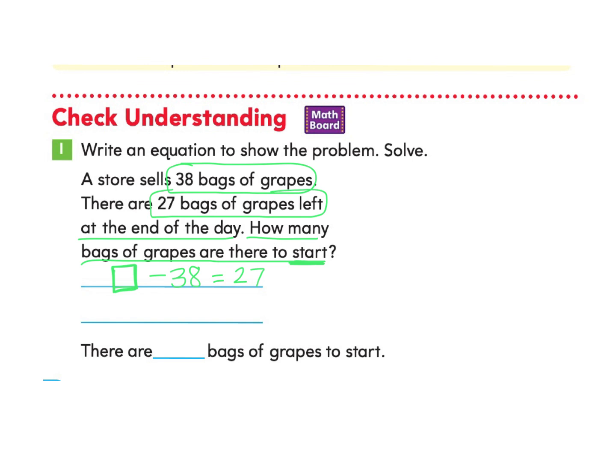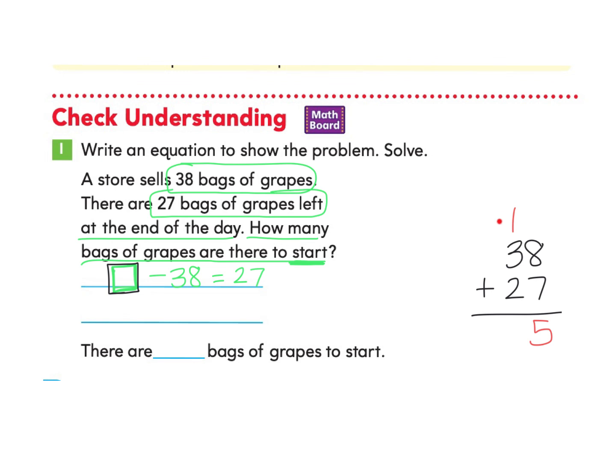Now I can solve this equation by knowing that 27 and 38, when I put them together, are going to give me this unknown number. So when I add, and I'm going to do this on the side, 38 plus 27, I'm going to find my unknown number by putting those two together. Now I will solve this equation, and again, you can pause and do this on your own if you'd like. 8 plus 7 makes 15, so I'm going to write 5 in the ones column and 1 group of 10 in the tens column.